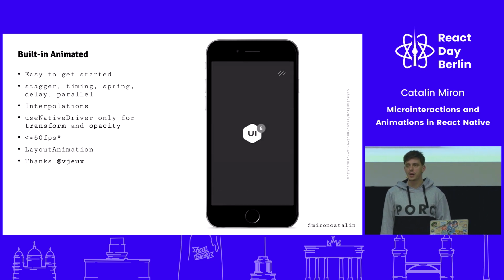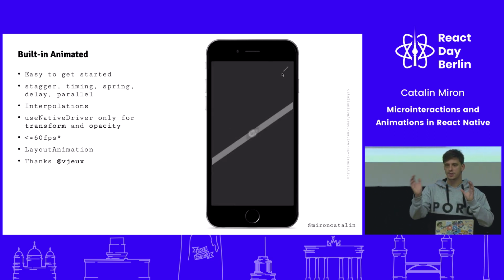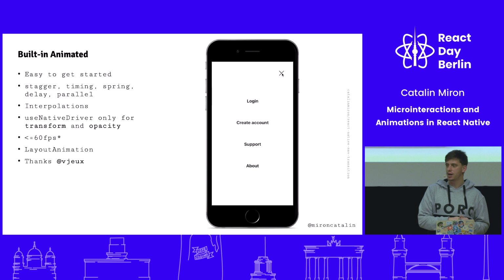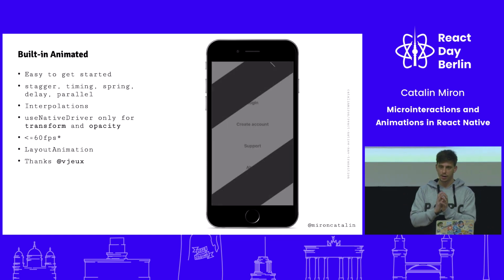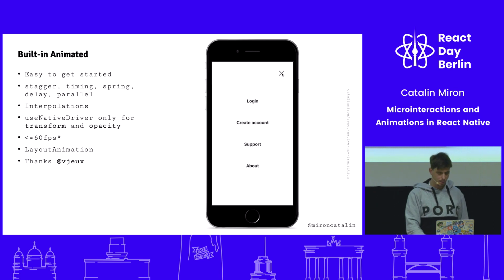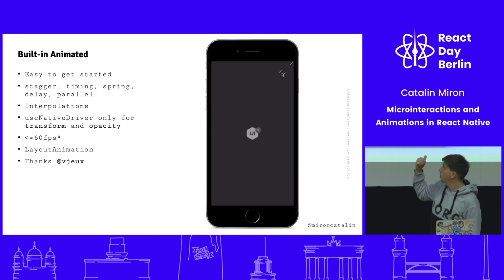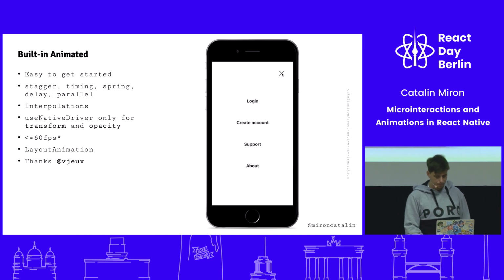A layout animation is more for when your app state changes, it's going to animate or give the user the animation between different states of the application. And in this example, this is what I've built using only the Animated API.